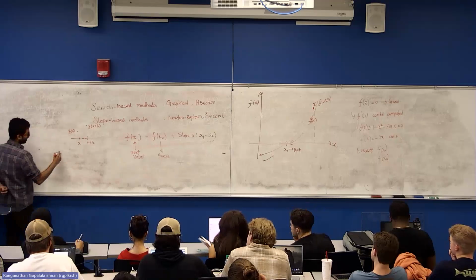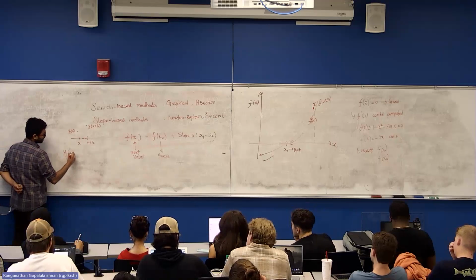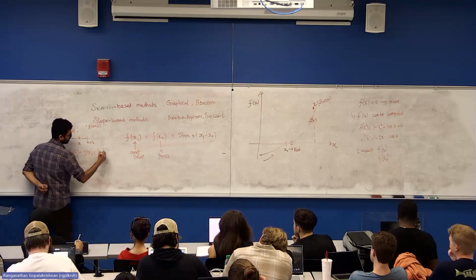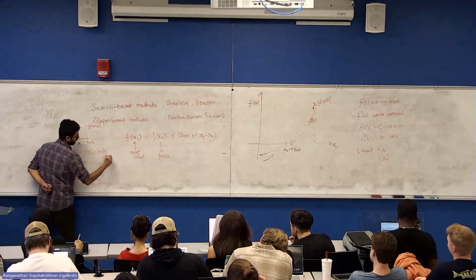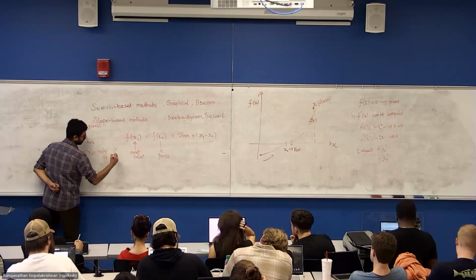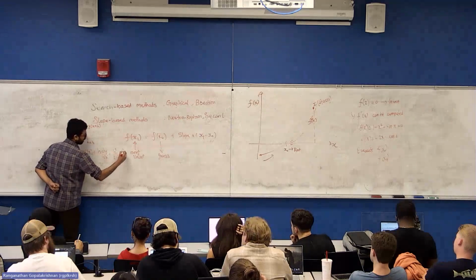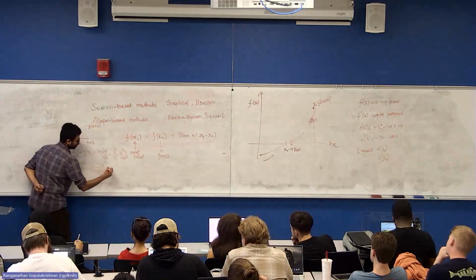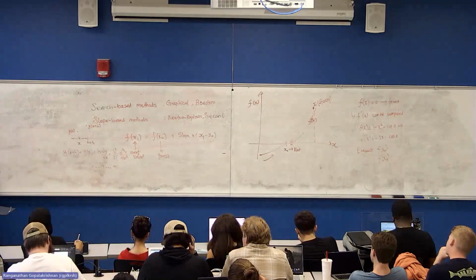Taylor series says y of x plus h equals y of x plus h times the slope plus h squared over 2 factorial times the curvature plus the third derivative plus the fourth derivative and so on. That's what Taylor series is.